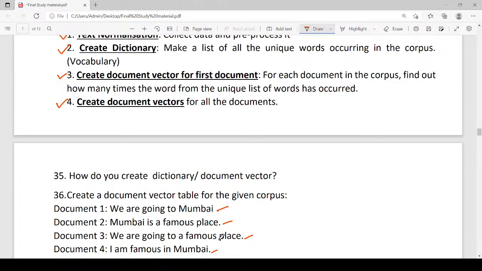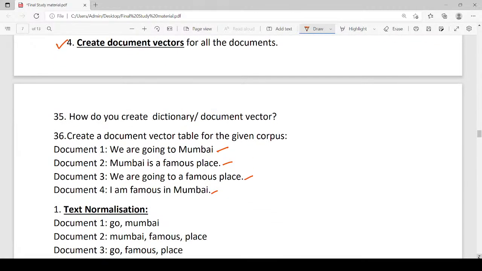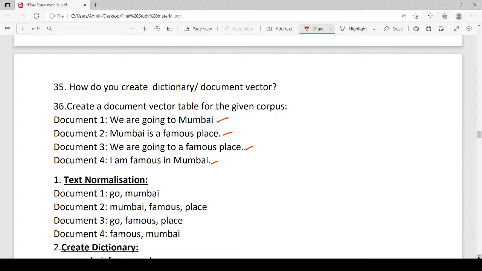So the first step is text normalization, wherein we are pre-processing the text. You're breaking the given document into words and then removing the stop words, converting it to the lowercase. So what do we get here? These words are going to get removed in the removal of stop words.